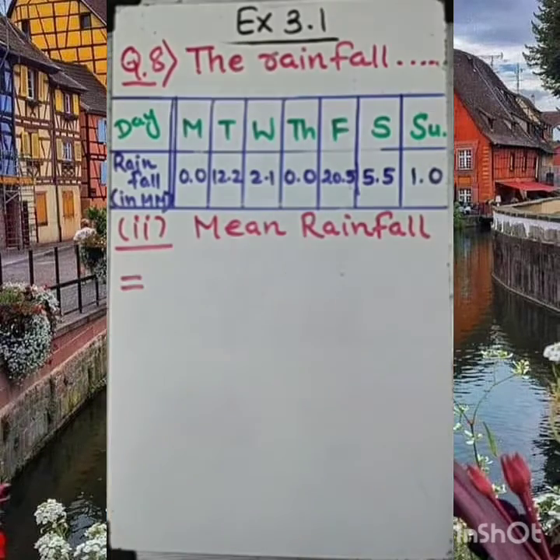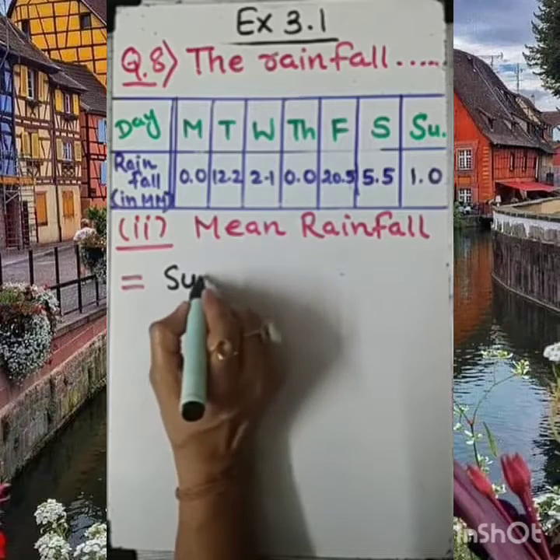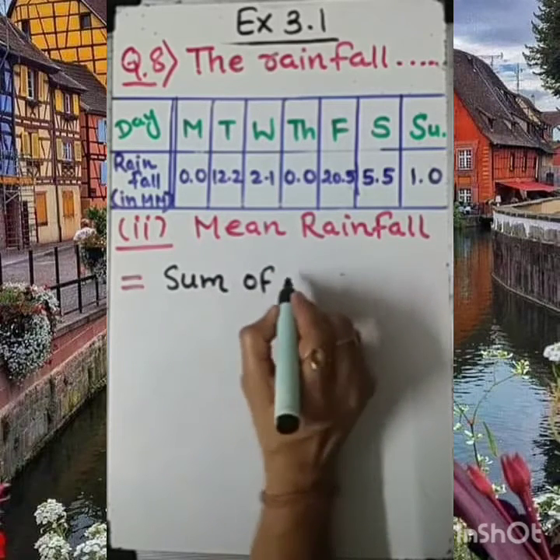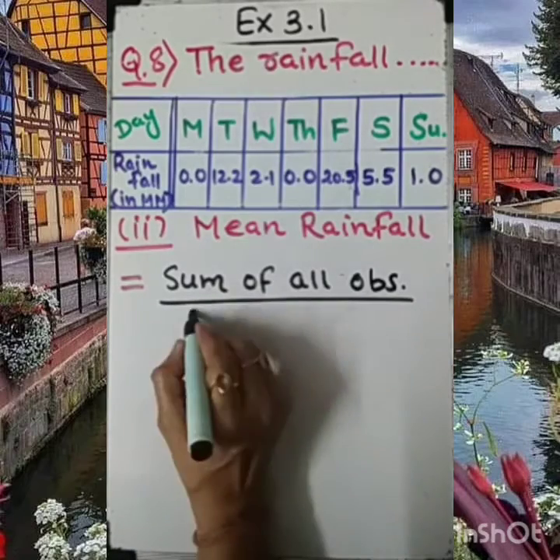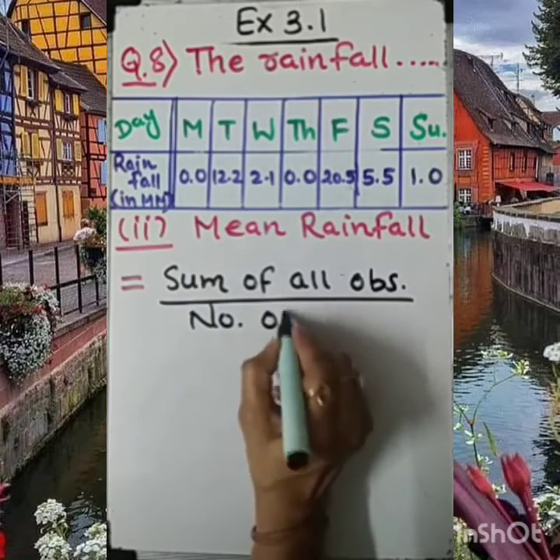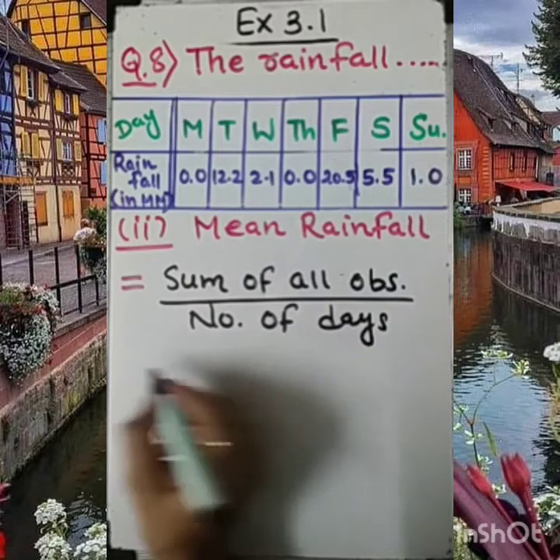So how to go with that? You know very well, we want to find the mean. So we need to write here sum of all observations divided by number of observations, meaning here number of days, that is 7 days.